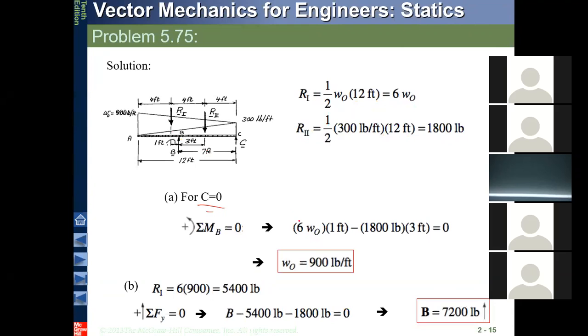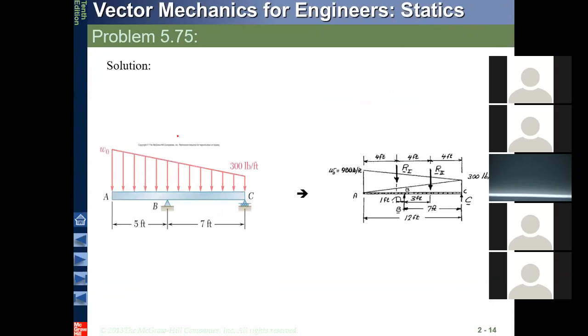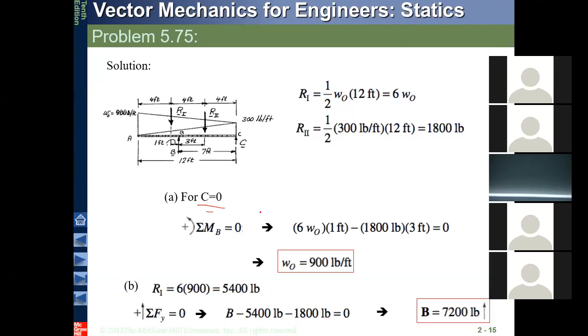So for the first triangle, the distance from resultant force to B would be actually the 5, which is distance from A to B, minus 4. So the distance would be 1 feet. And then, well, it is going to be counterclockwise, so it is positive.